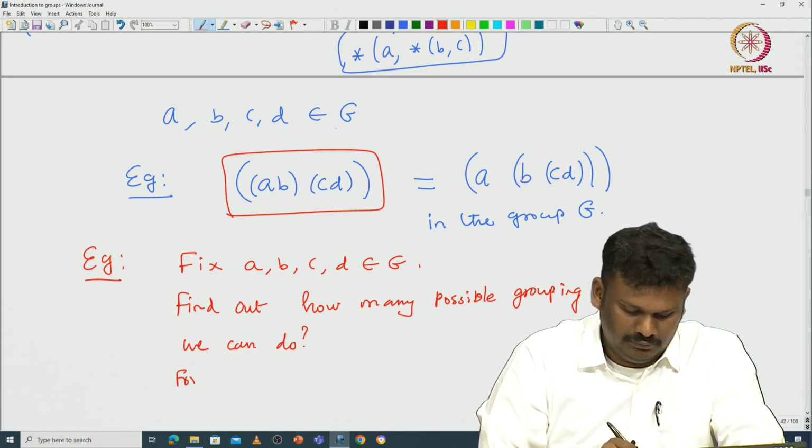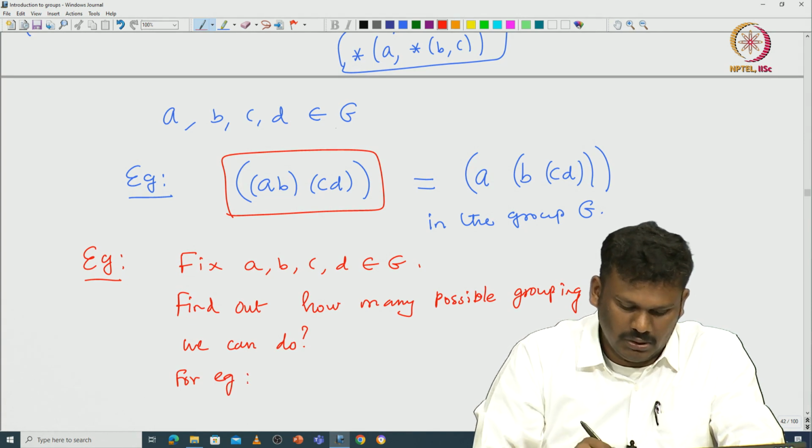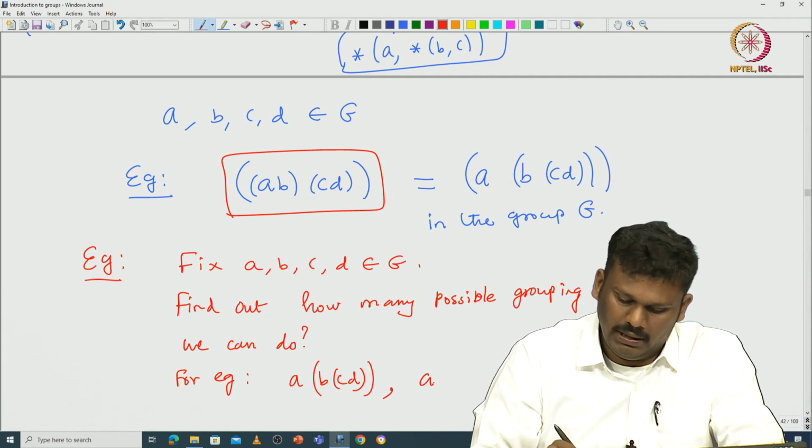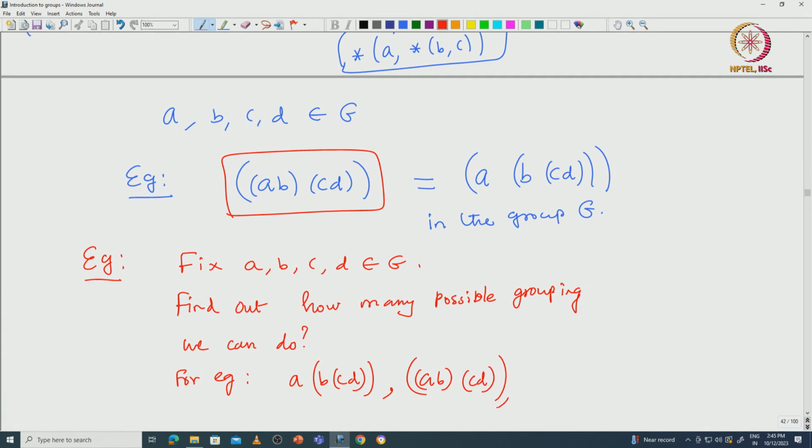For example, this A, B, C, D is one grouping, and then A, B, C, D is another grouping, and similarly A, B, C, and then D is another grouping. Like that you can perform many groupings. I want you to find out how many are possible.